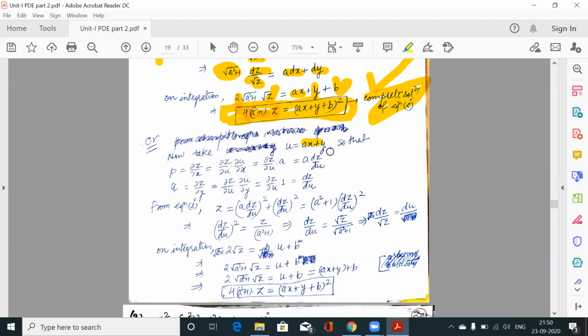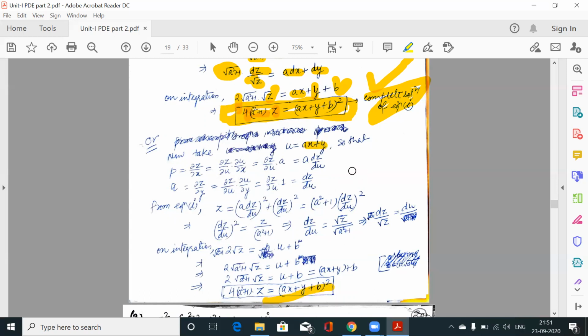Just to show you that using this transformation we can get the same answer. If you observe both of the answers, they are the same. So just to show you that we get the same answer, either you use this substitution or this method. So the question is, how would I know that using this transformation we will get the same answer?